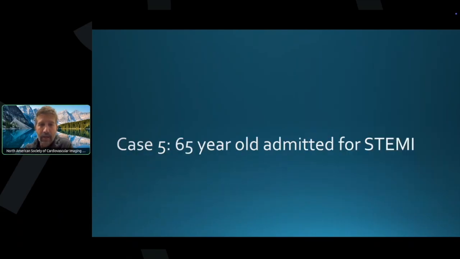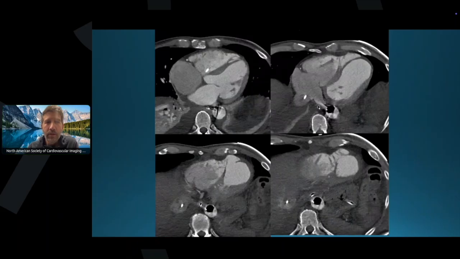All right. This is a 65-year-old that was admitted with STEMI, ST elevation myocardial infarction, and we did a CTA to assess the heart structurally. If anyone wants to take this case, that would be great.